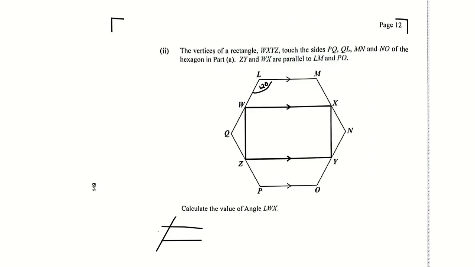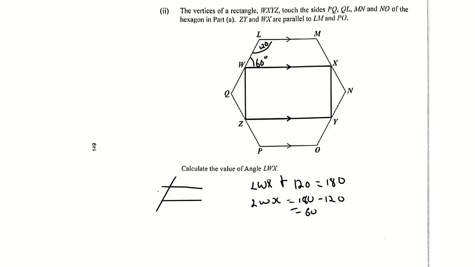So 120 and the angle they're asking you, LWX, are supplementary to each other. LWX plus 120 would give you 180. So LWX would be 180 minus 120, which equals 60. So this angle here is 60 degrees, and that is how we would do this question. Do we understand this, everyone?